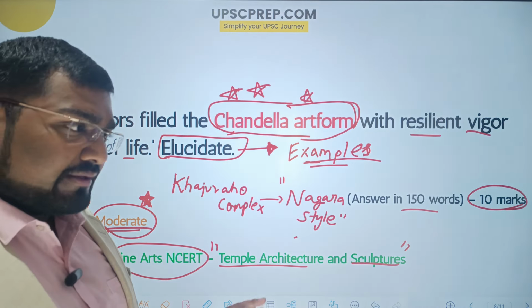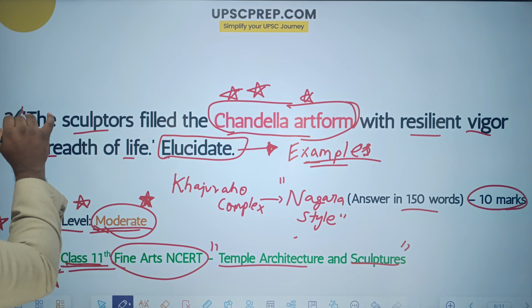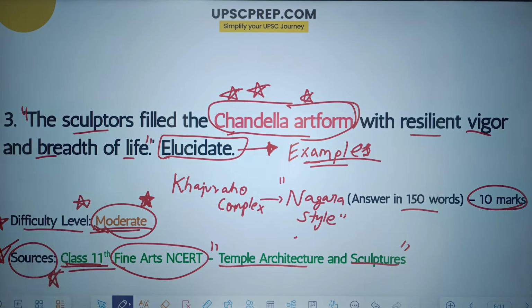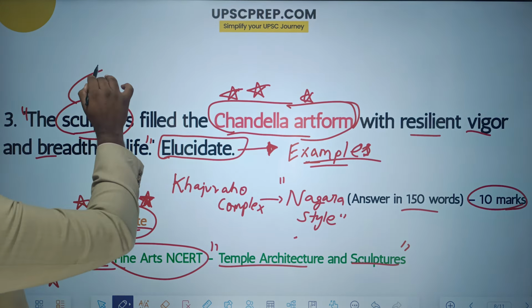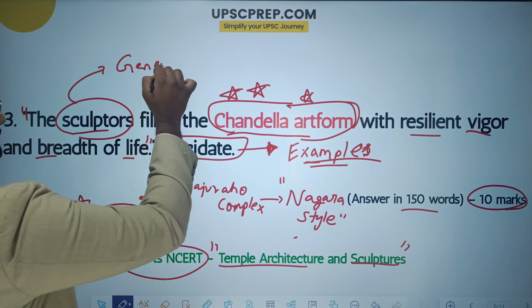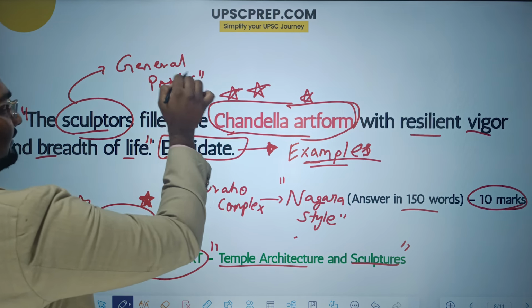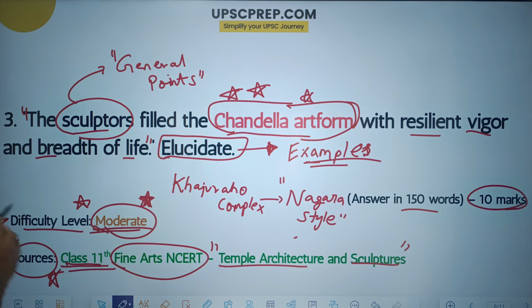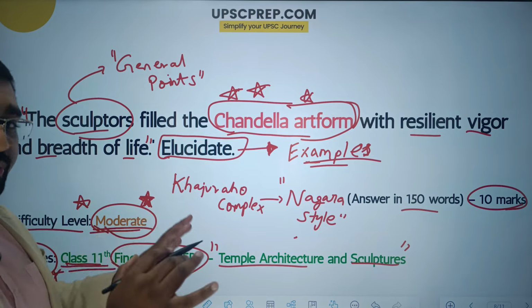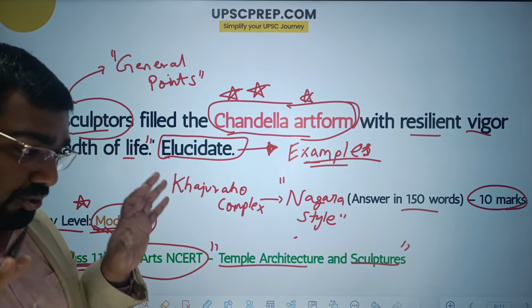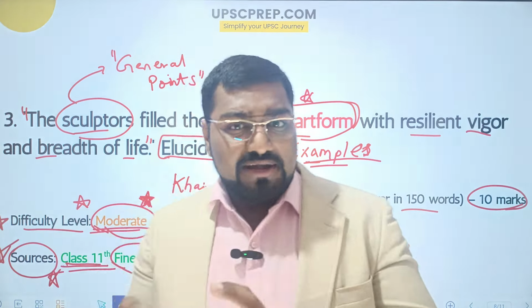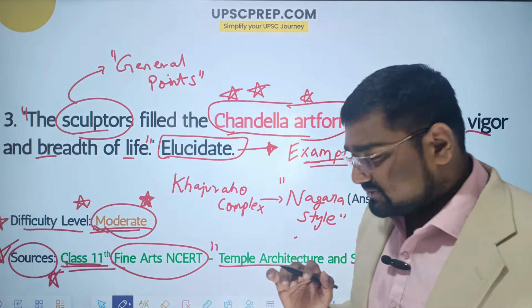It's fine. Just address this statement. Just write all the general points associated with the sculpture art form. At least you will get 2.5 marks as well, right? So don't leave these kinds of questions. At least try to write a few generalized points, right?